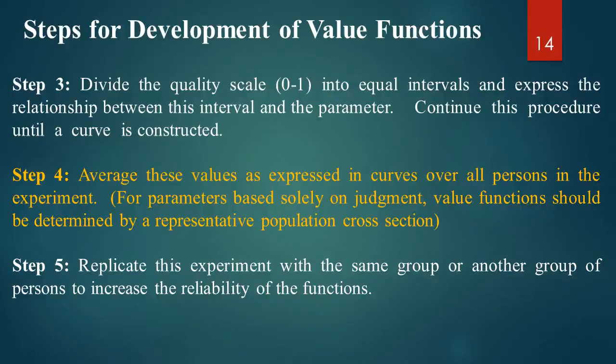In the third step, divide the quality scale, that is 0 to 1, into equal intervals and express the relationship between this interval and the parameter.